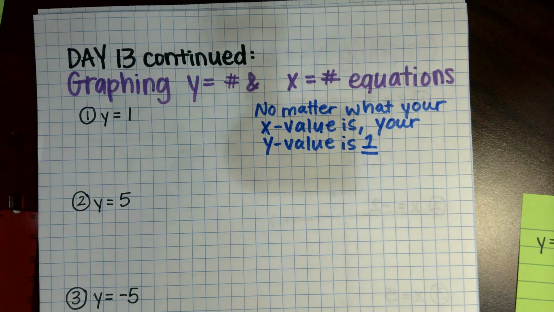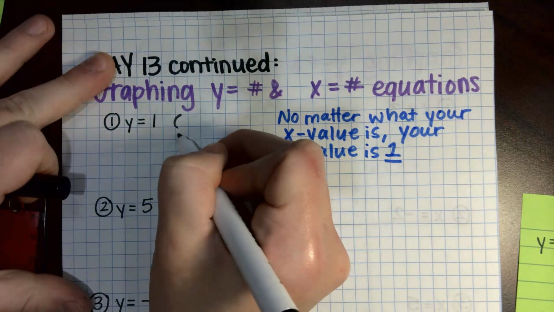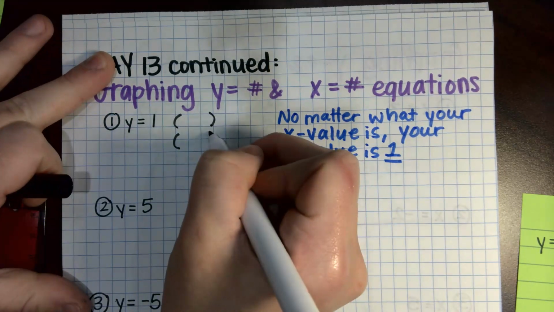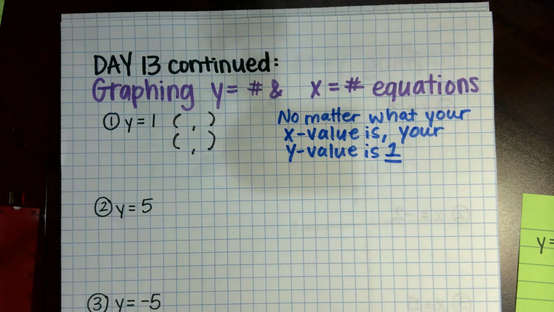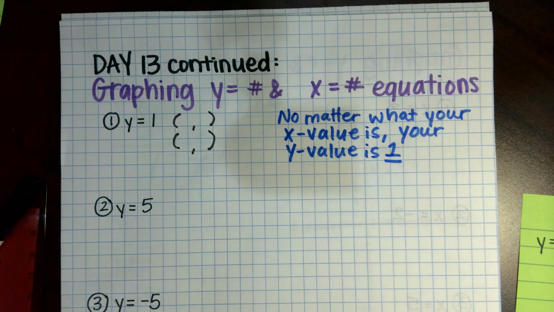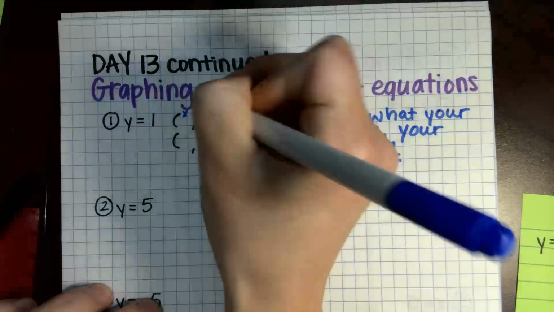So let's make a couple of points here. Let's do 2 because that's all it takes to make a line. So I'm going to label my X and my Y just to remind myself where they sit in the coordinates.